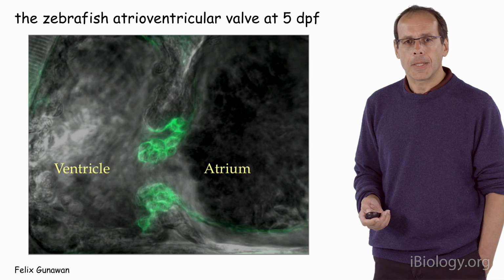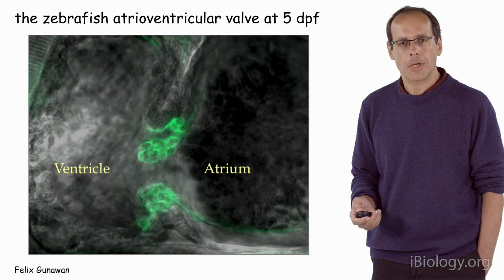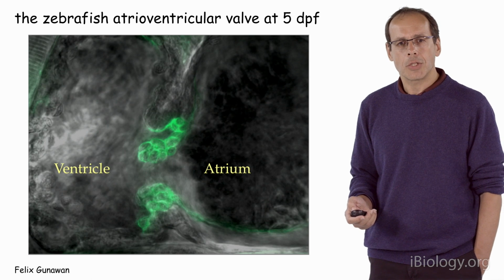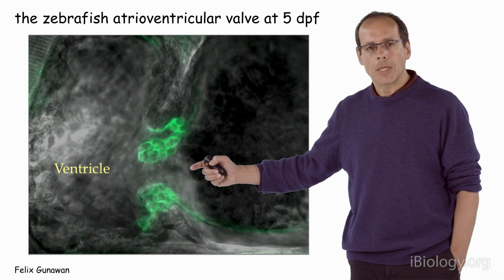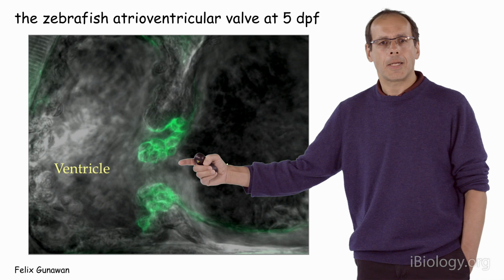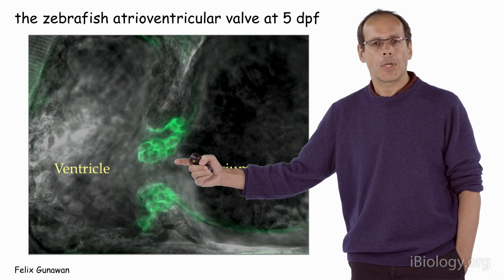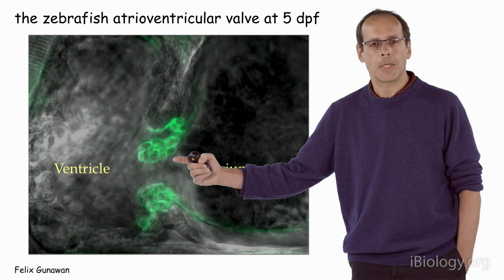One of the key questions that we and others are trying to address is to get a single-cell resolution understanding. Here we're looking at the atrium, the ventricle, and the atrioventricular canal. You can see in green that we're labeling the endocardial cells, and these are single endocardial cells right here.